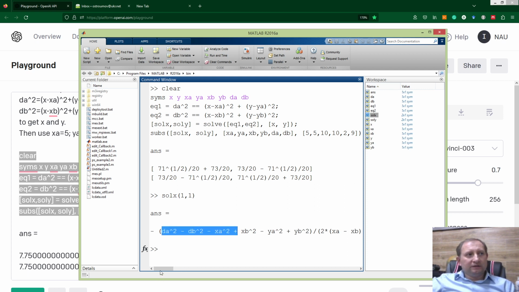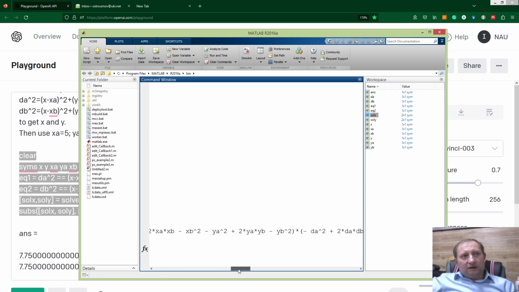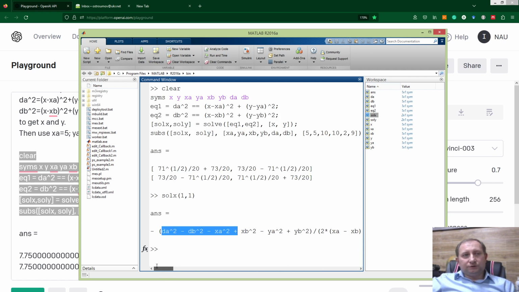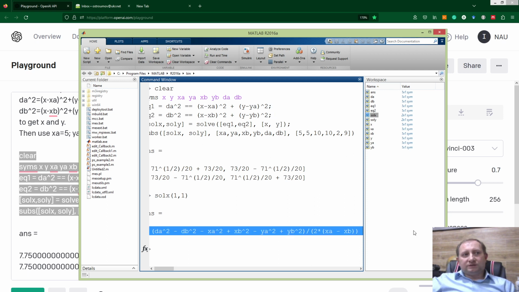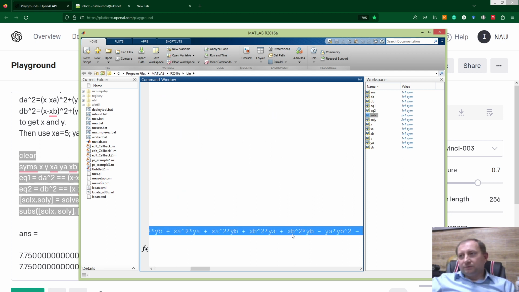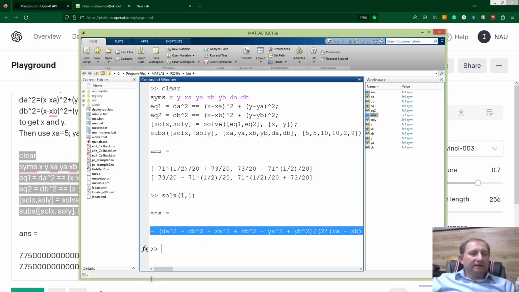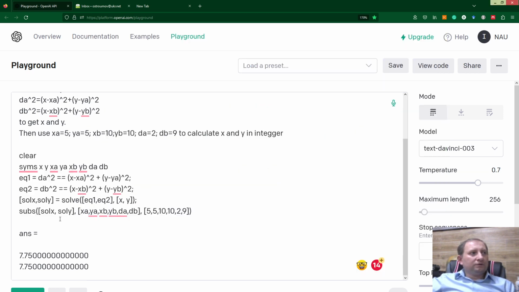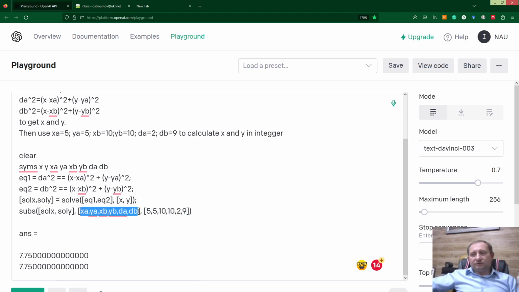You will see that there are a lot of variables and it is an analytical solution. It means that it is a formula in which we can put variables and we can get final results. And at the end, you can also see that it proposed to use the substitution function to put our input values into our variables.